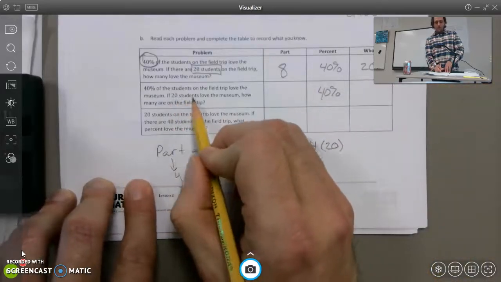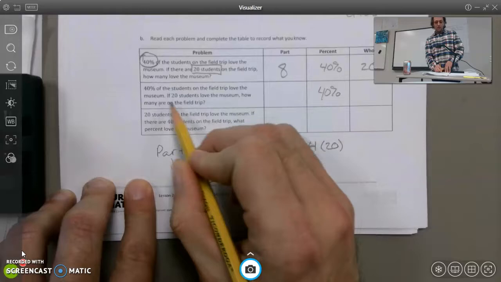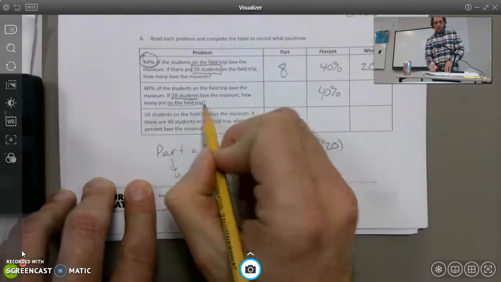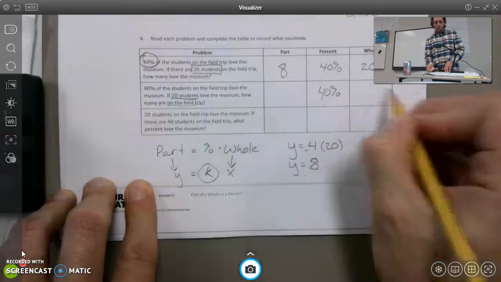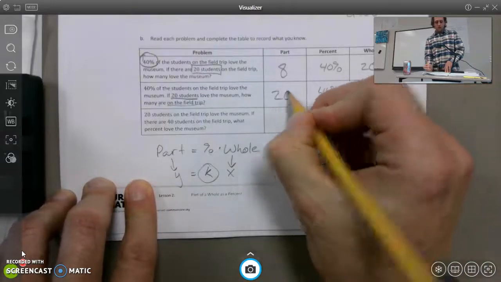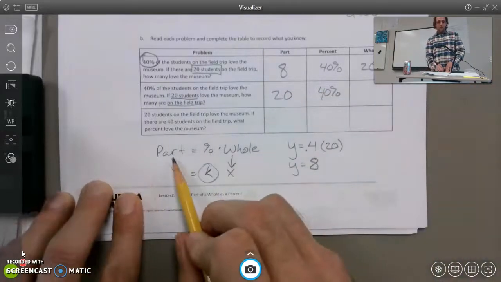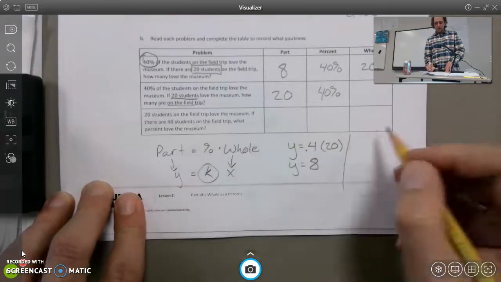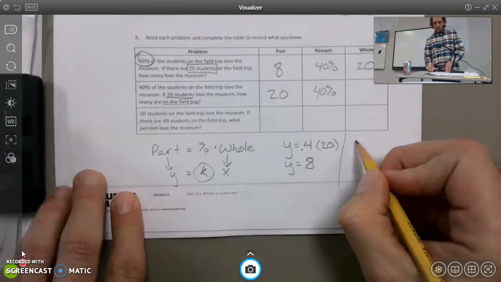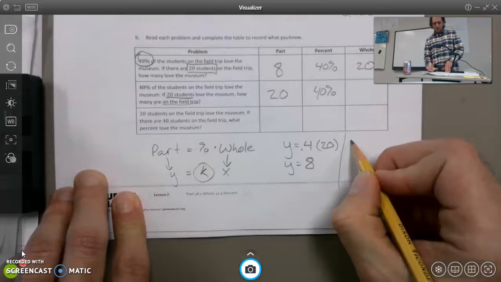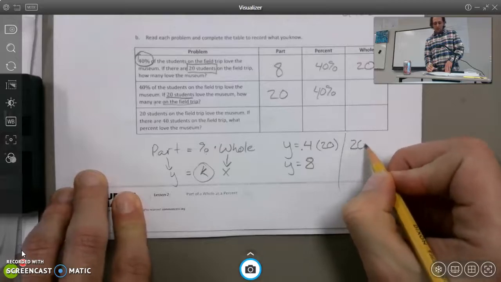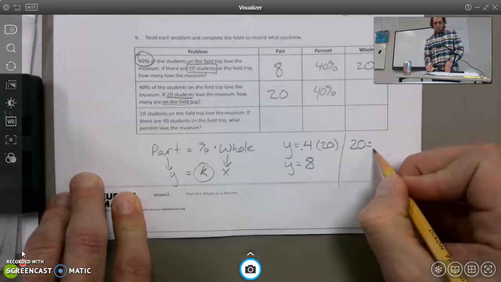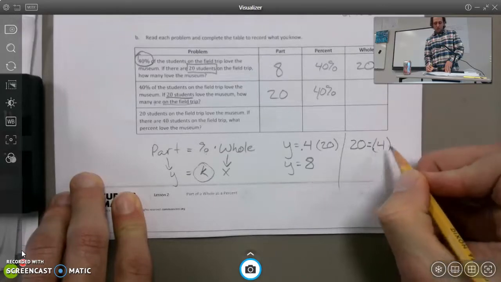If 20 students love the museum, how many students are on the trip? So this is just part of the number of students on the trip. We don't know the whole, we know the part. So here I can use the same equation, the same relationship. If the part that actually enjoy the field trip is 20, that is equal to 40% of what?